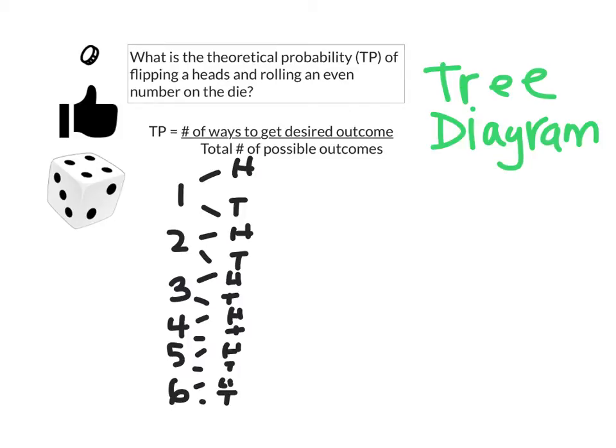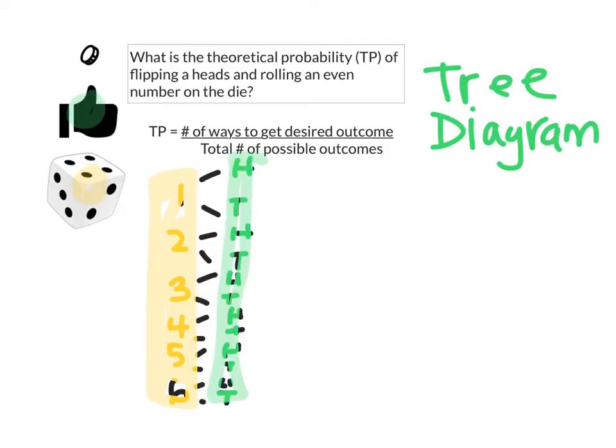So basically what I've done here is I'll highlight it in yellow, let's say. So yellow for the die. These are all my possible outcomes if I roll a die. Okay? Then you'll notice that I made branches off of each die roll outcome. And I've put, let's say in green here, my possible outcomes if I flip a coin, heads or tails, heads or tails.